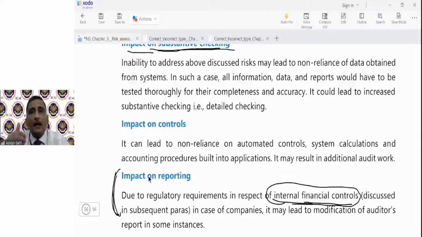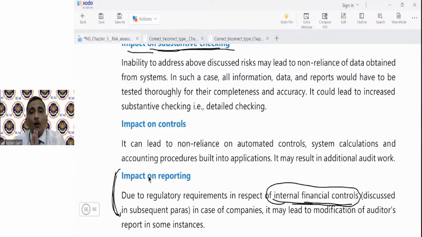Okay, and if these risks are not addressed, students, it will also have an effect on the auditor's report, because the auditor may have to include this in his report. It may lead to modification of his opinion.